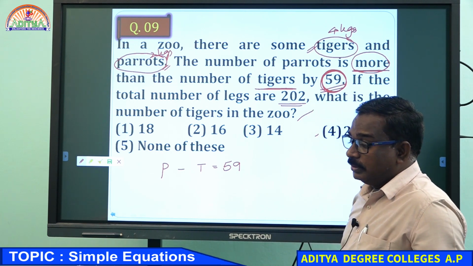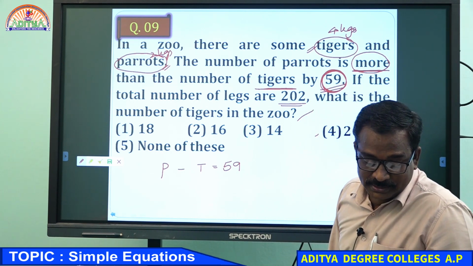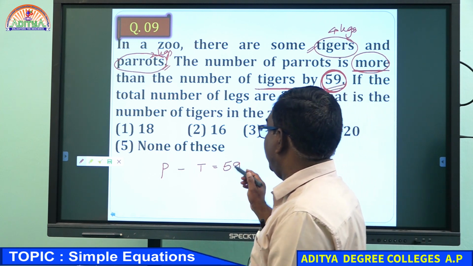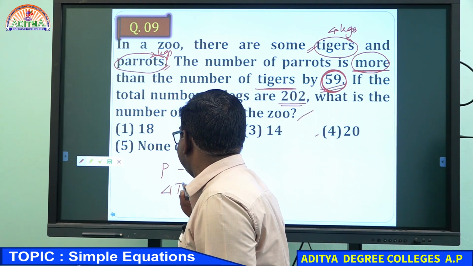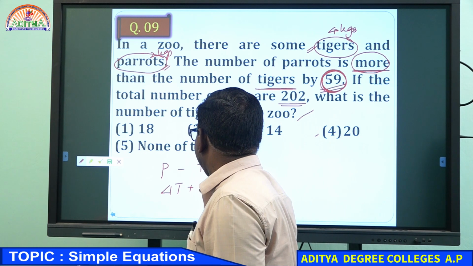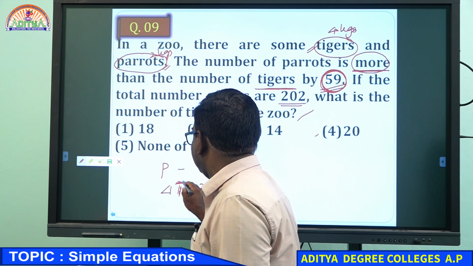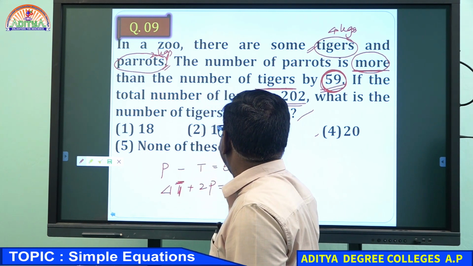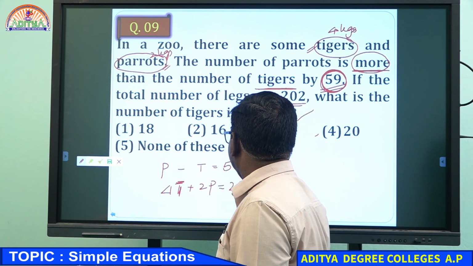Now, parrots will have 2 legs and tigers will have 4 legs. So 4t plus 2p, the 4 legs of tiger and 2 legs of parrot, totally is given as 202.